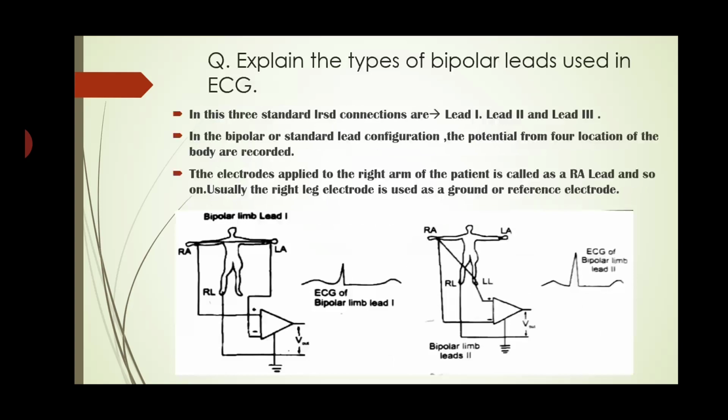In the bipolar or standard lead configuration, the potentials from 4 locations on the body are recorded. The electrode applied to the right arm of the patient is called the RA lead, and so on. Usually the right leg electrode is used as a ground or reference electrode.